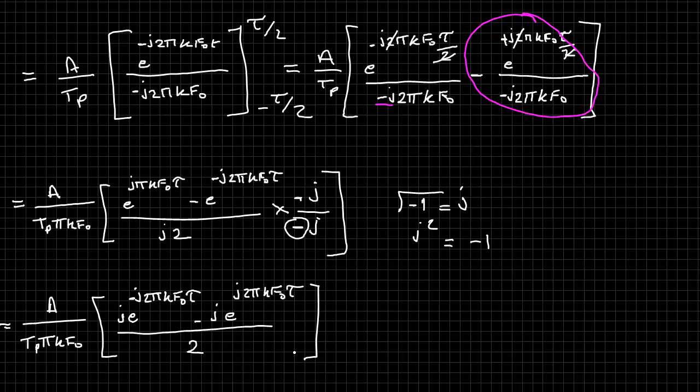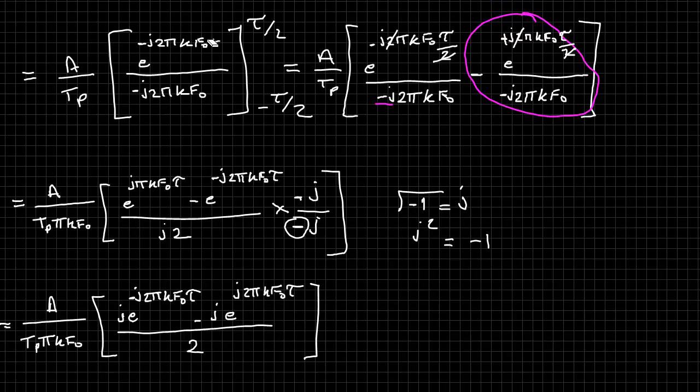So I think this is the form that we want, because at the end of the day, don't forget, we're trying to get to the sinc function. And now we have a form which gives us a sine equivalent. So again, the outside terms stay the same, A over Tp pi k f naught, and they are multiplied by a sine, because all those exponentials really just give us a sine, and the term inside is 2 pi k f naught tau.